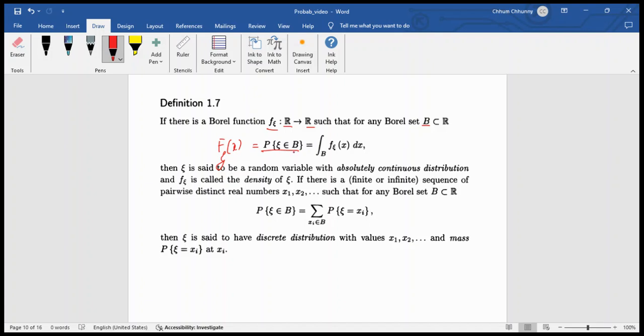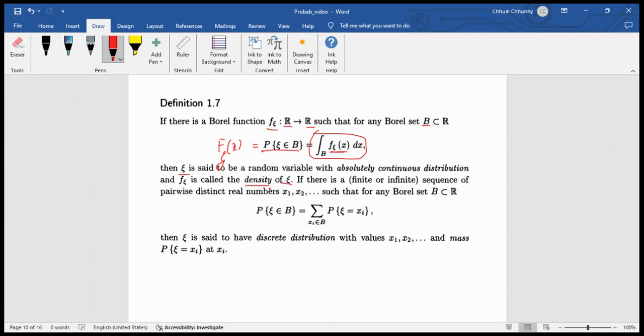If the probability distribution can be represented in this integral form, psi is said to be a random variable with absolutely continuous distribution, and the Borel function f_psi is called the density of psi.